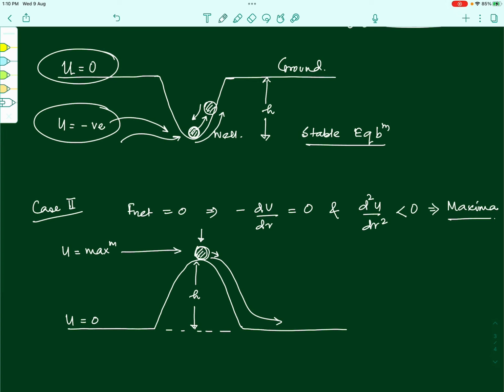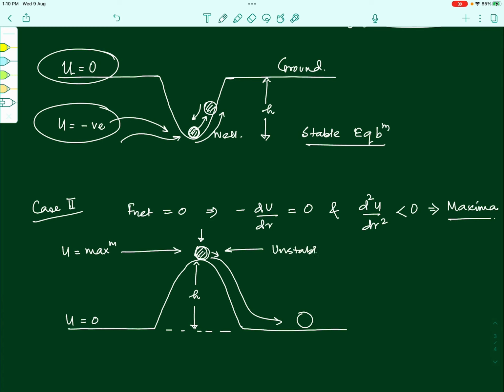And by the natural tendency, any body, any system would try to be in its state of minimum energy. So, right now since the ball has a high energy, it will try to lose all this potential energy and come down to the ground over here, so that it has a 0 potential energy. Okay? And in this case, we see that this equilibrium where the ball was becomes an unstable equilibrium.